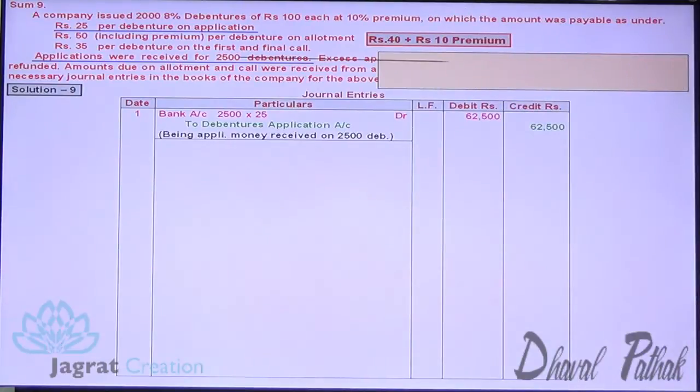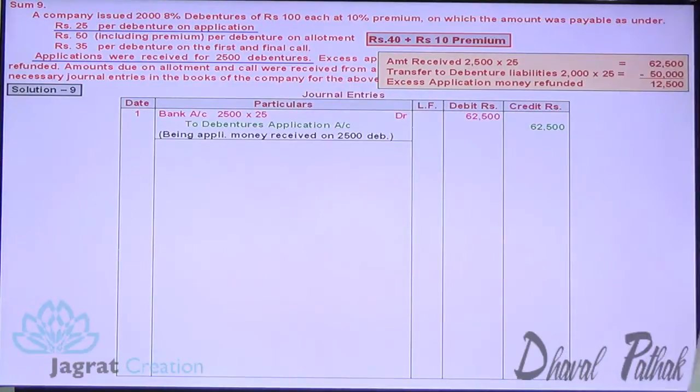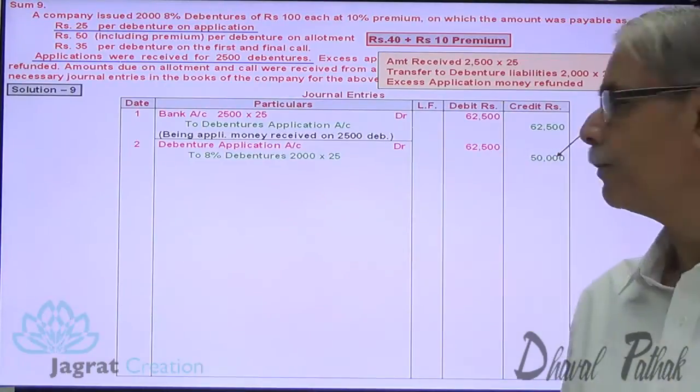Observe it. Amount received on 2,500 applications. Debentures allotted 2,000. So that is transferred to the liability account, debenture account. The excess money received on 500 into 25, 12,500, is to be refunded. That will be credited to bank account. Now the journal entry: debenture application account debit 62,500 to 8% debentures account credit 2,000 into 25, that is 50,000.